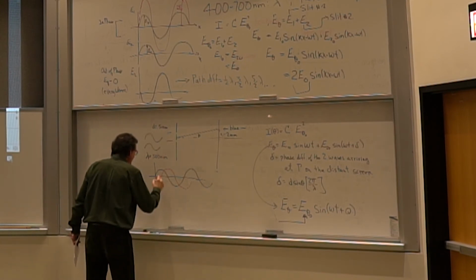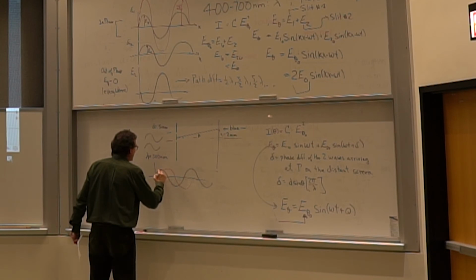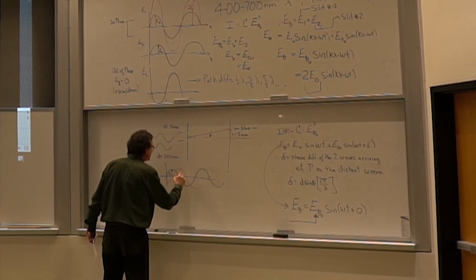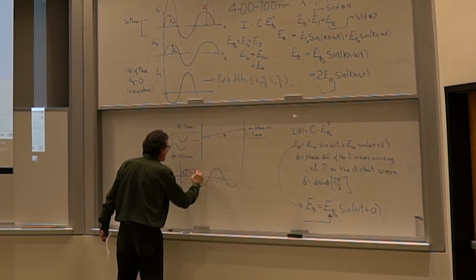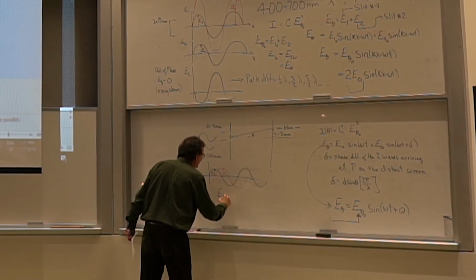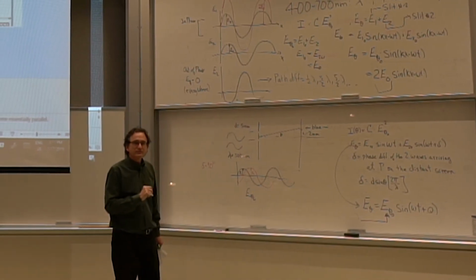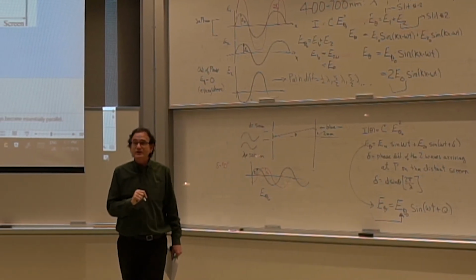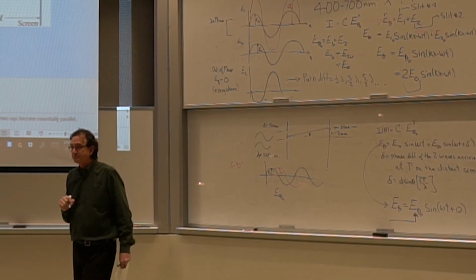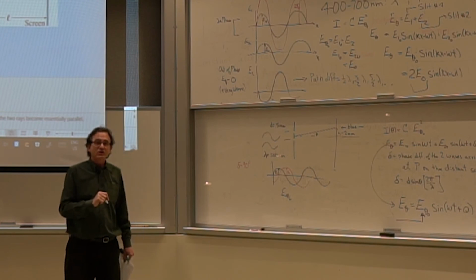And if this is E1 and this one is E2, then there will be a new amplitude, E theta 0, that is the result of adding these two together. It'll be somewhere between 0 and 2 times E1, but it will get smaller as the phase shift gets larger.